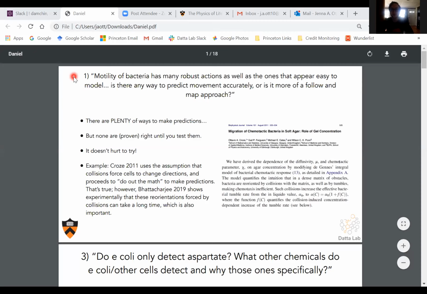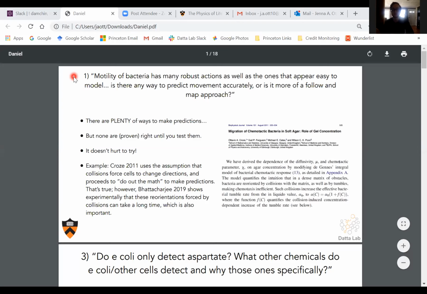And so one notable example where someone made a prediction and saw if it worked out, which will be talked about in Sujit's talk later, is a paper written by Crows in 2011, where they made a prediction that in a porous material where you have run and tumble bacteria, the collisions with the walls would cause more tumbling.